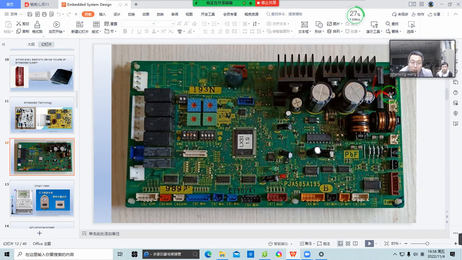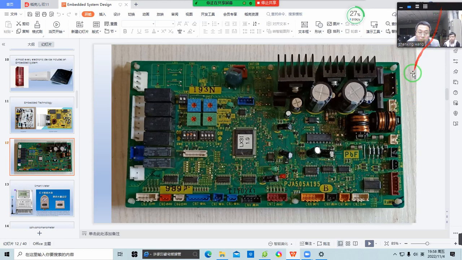Here is the input. The power is inserted in this place, and this power function will convert the AC high voltage to lower DC voltage. This kind of chip. So after you have learned enough material, you can generally know the function.